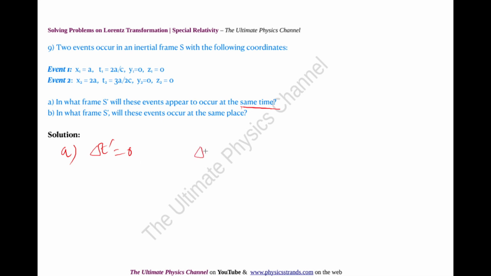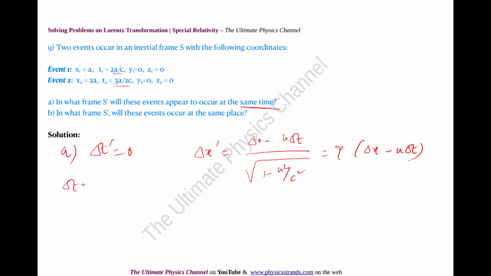So in our original equation of del x prime, we know that according to the Lorentz transformation, it is del x minus u times del t over square root of 1 minus u square over c squared, which is gamma times del x minus u del t. Here we have this del t separated as the difference between these two, right?